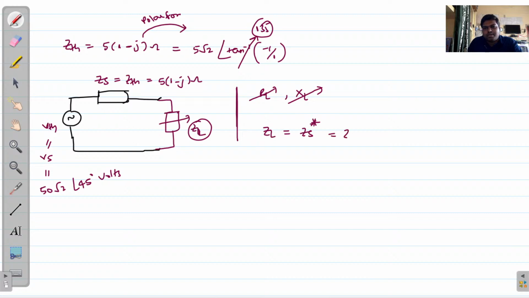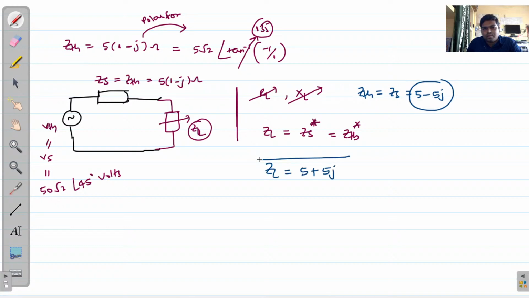Here ZS conjugate is nothing but Z Thevenin conjugate. What is the Z Thevenin value? So here Z Thevenin equals to ZS equals to 5 minus 5j. This is your 5 into 1 minus j, means 5 minus 5j. So for this, conjugate means ZL equals to 5 plus 5j. This is your load. Okay.